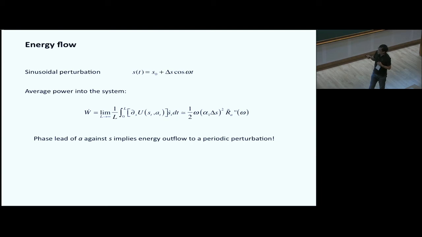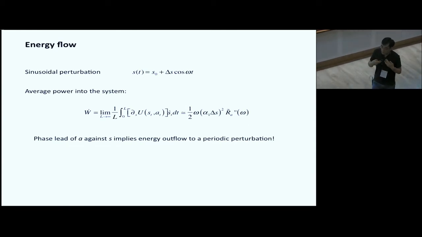Then some simple calculation for some linear coupling, the simplest case, gives you this formula. In the formula, you see the imaginary part of the response function at frequency omega. If this goes negative, this is the work, the rate of energy exchange into the system. So when this is negative, the system actually outputs energy into the environment.